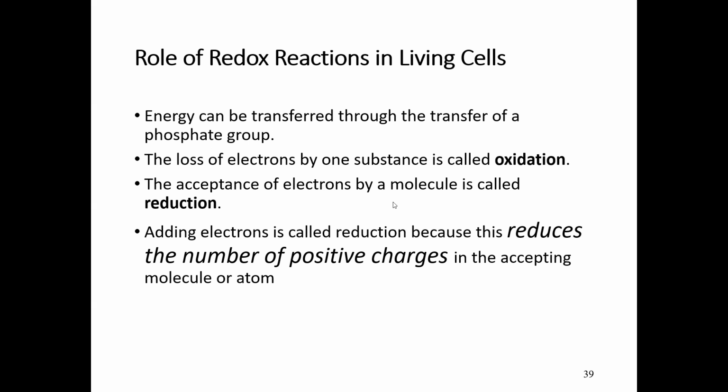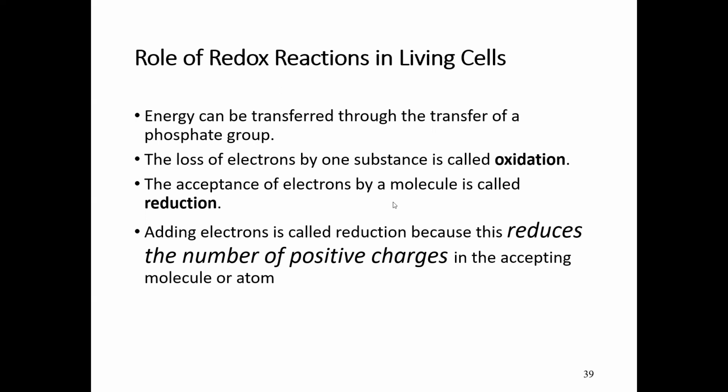So the bottom line is when we lose electrons, it's oxidation. We lose electrons, we lose energy, we lose hydrogens. Something has to accept those electrons, and that something is then reduced. The process of reduction. Chemists call it reduction because you are reducing the number of positive charges in the molecule that's accepting the electrons.